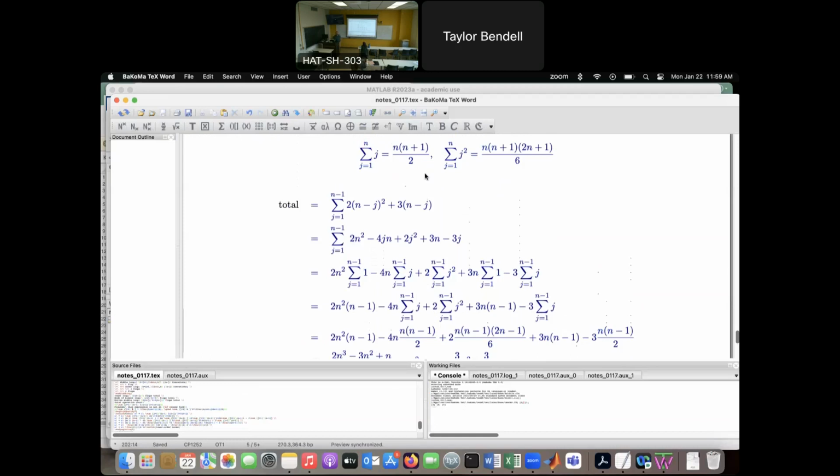But what he realized is that if you write out the numbers from 1 to 100, and then below them write the numbers backwards, 100 down to 1, and then add each column, the columns sum up to 101. Adding all of those numbers up gives you twice the sum you're after.